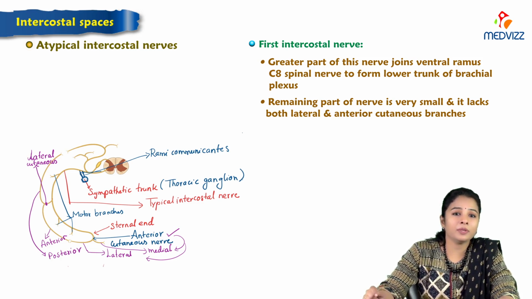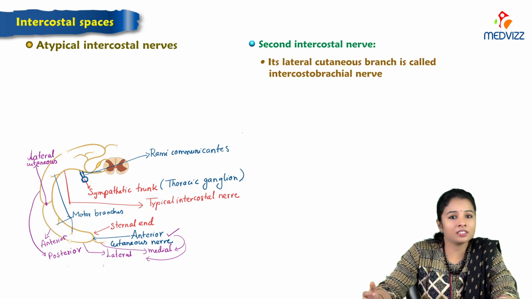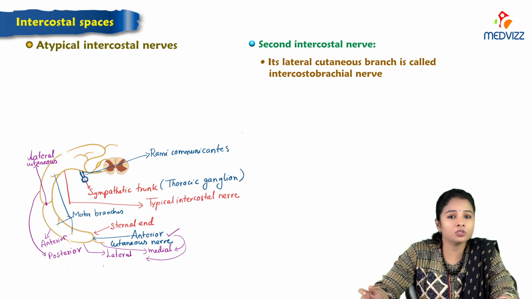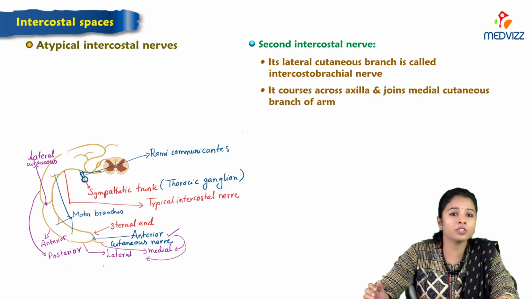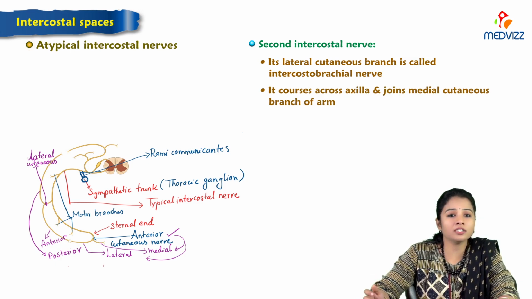And the next atypical nerve is the second intercostal nerve. Its lateral cutaneous branch is called the intercostobrachial nerve, and this intercostobrachial nerve courses along the floor of the axilla, and it joins the medial cutaneous branch of the arm.